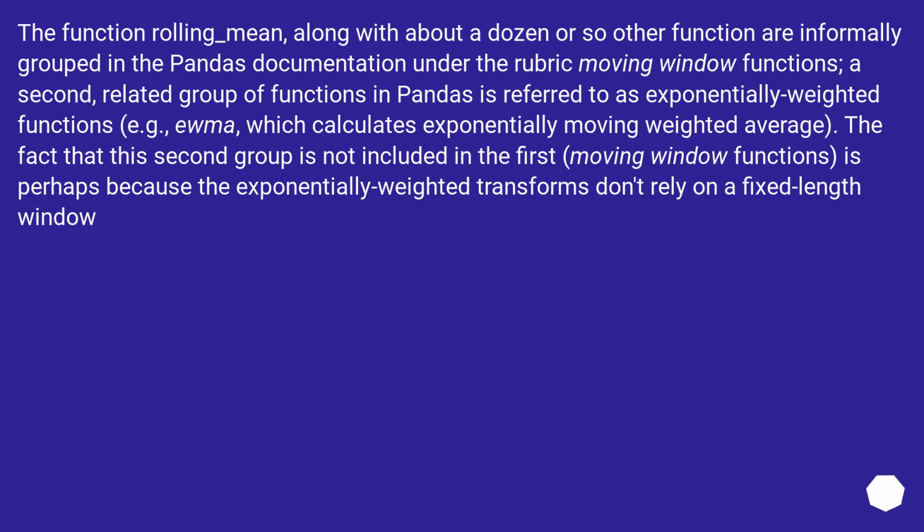A second, related group of functions in pandas is referred to as exponentially weighted functions, for example, ewma, which calculates exponentially moving weighted average. The fact that this second group is not included in the first, moving window functions, is perhaps because the exponentially weighted transforms don't rely on a fixed length window.